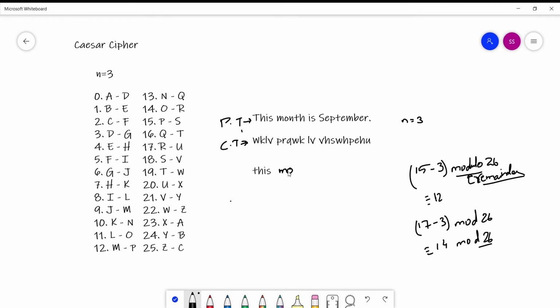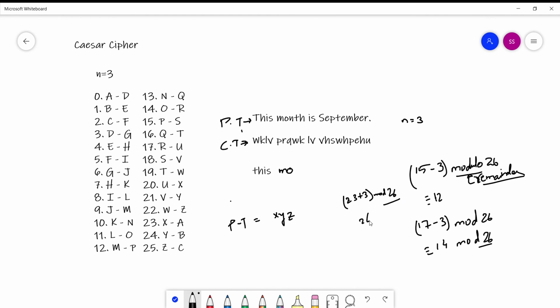Okay, so now I will tell you why we are taking this mod 26 value. So let's say I have to encrypt, not decrypt, and let's say my plain text is XYZ. So one method of encryption is you will take the value of X, that is 23, and you will add 3, and you have to take mod 26, right?